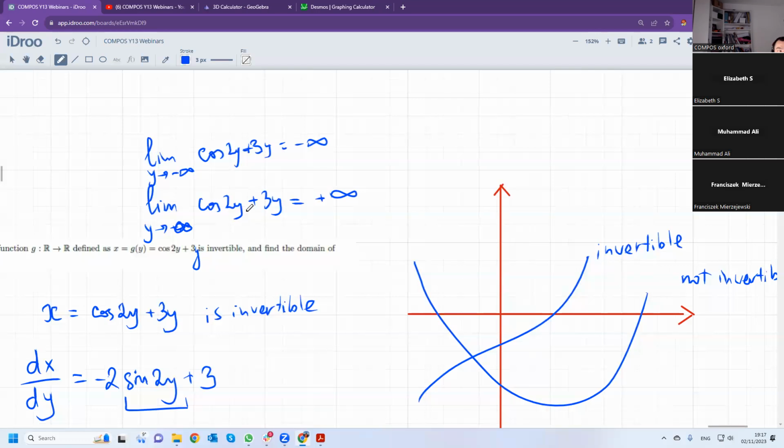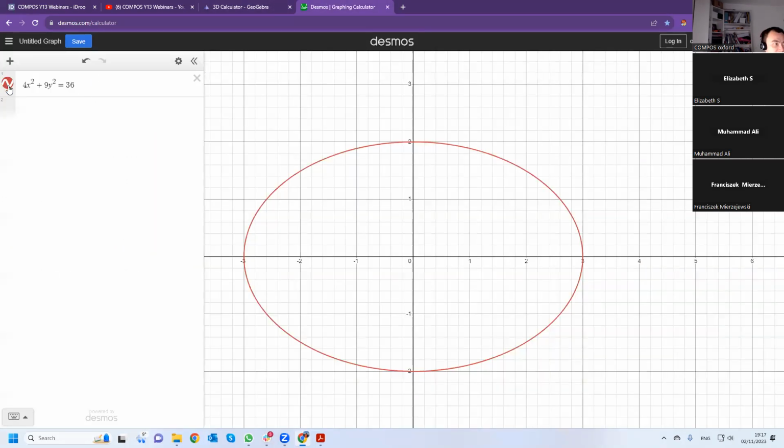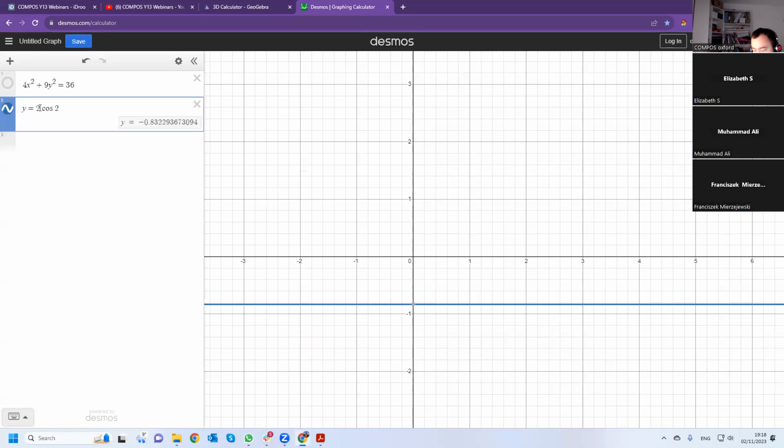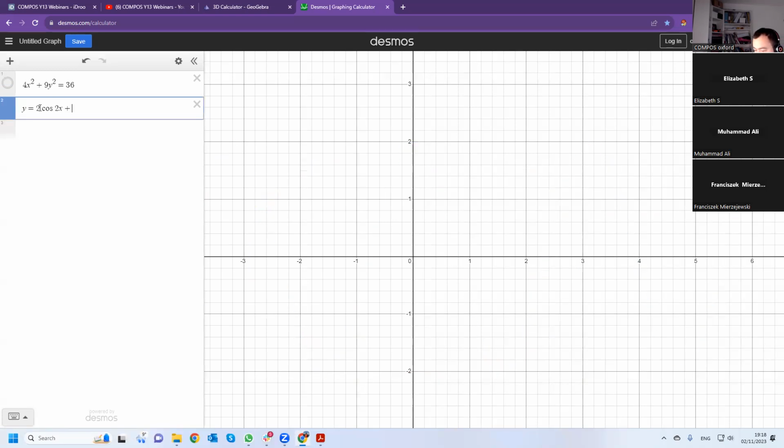So the function is continuous. That means it takes all the values from minus infinity to plus infinity. And of course, sketching always helps. So I'm going to do y equals cos 2x plus 3x.